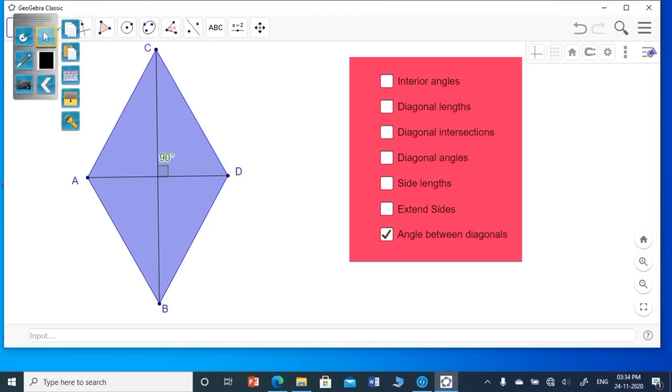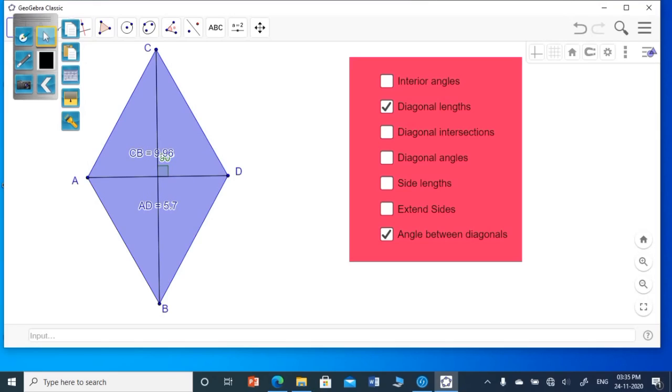And draw the diagonals. Here AD and BC are diagonals. Diagonals intersect each other at 90 degree. Look at the point of intersection of diagonals. At the point of intersection of diagonals, the angle is 90 degree.